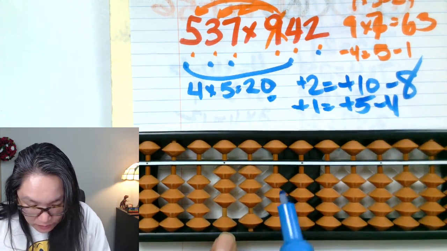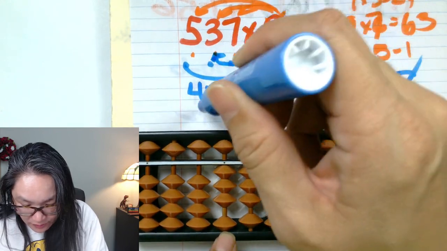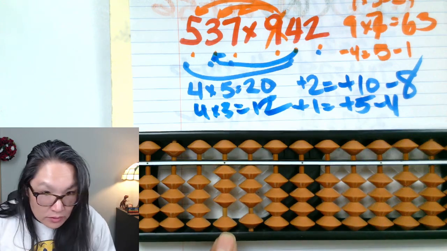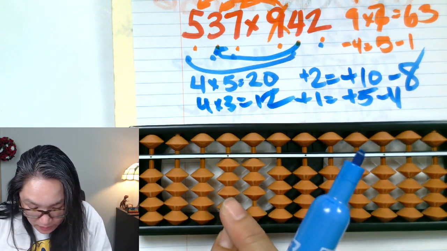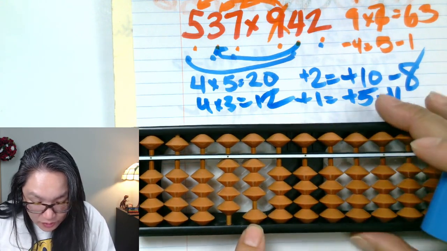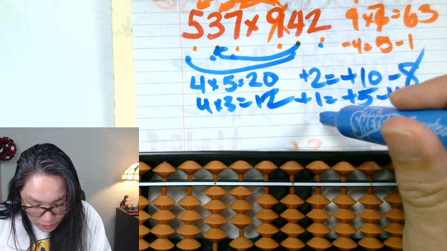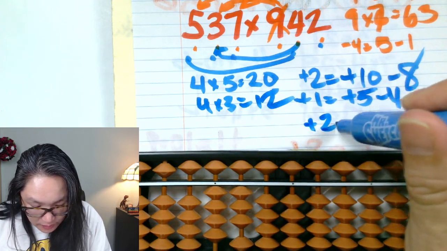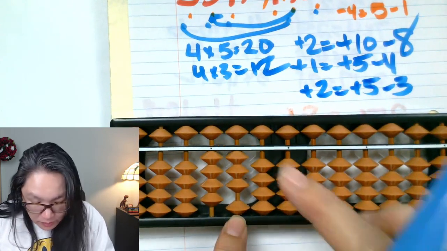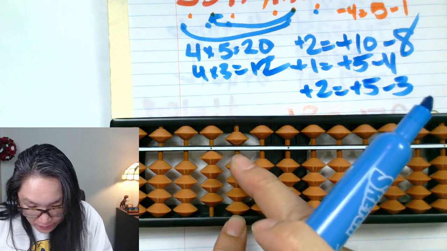That's the 0. 4 times 3 is equal to 12. I add my 1. I add my 2. I don't have enough to add the 2. Plus 2 is equal to plus the 5 minus 3. So I'm going to plus the 5. I take away the 3.